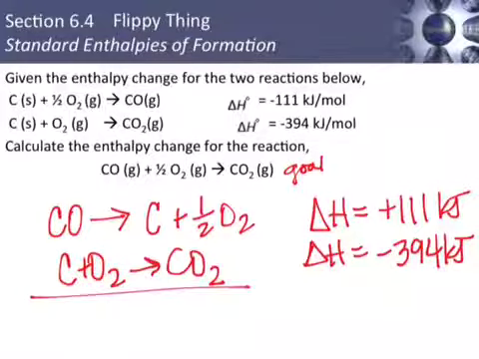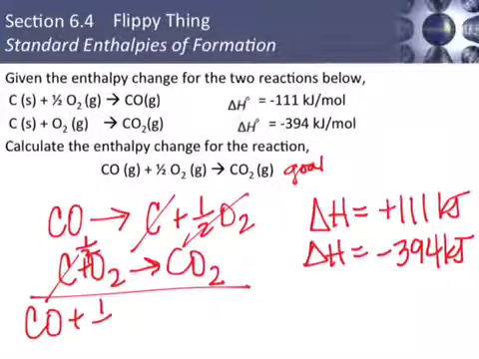Always double check to make sure that your equation you've got your goal. So my C's go away. I have half an O2 that goes away, which leaves me with a half an O2. So CO plus 1/2 O2 gives me CO2.